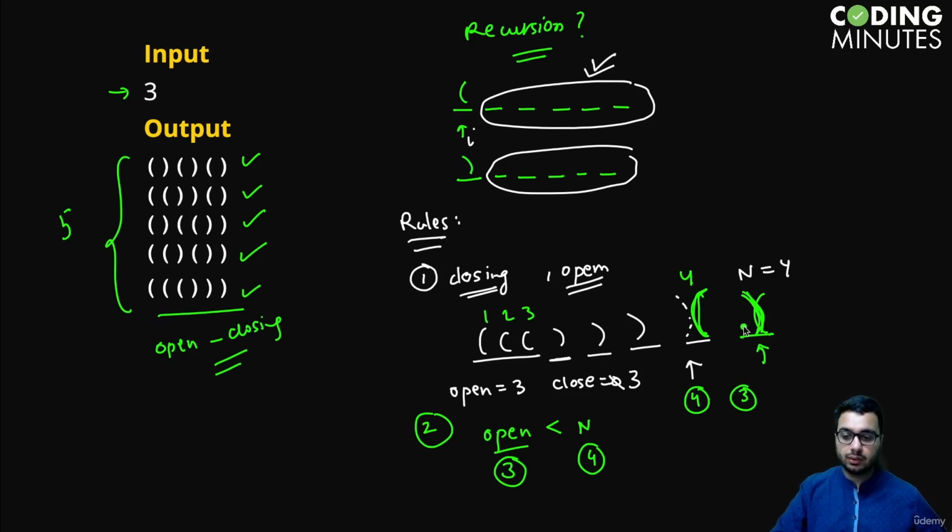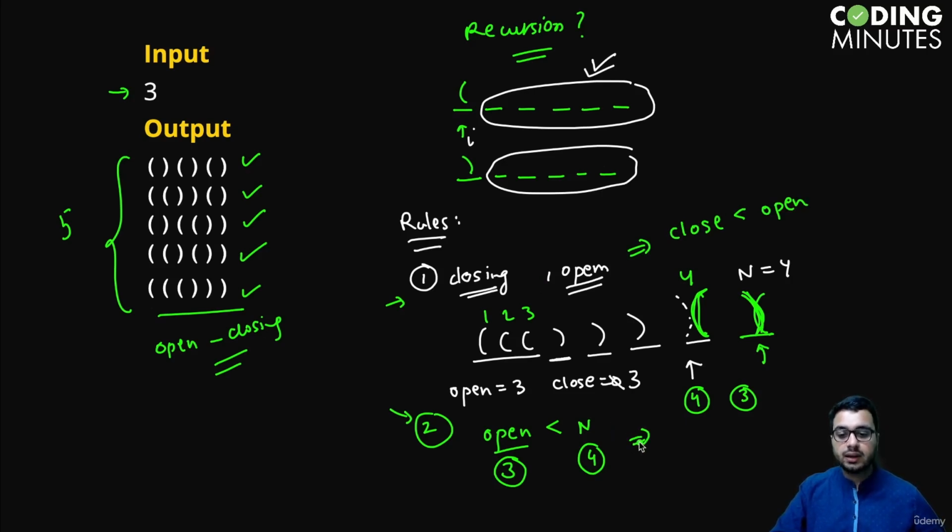So what I'm trying to say, you try to put both opening and closing, but one of these rules may restrict either placing an opening bracket or placing a closing bracket. In order to simplify these rules, the count of close should be less than the count of current opening brackets, then you can place a closing bracket.